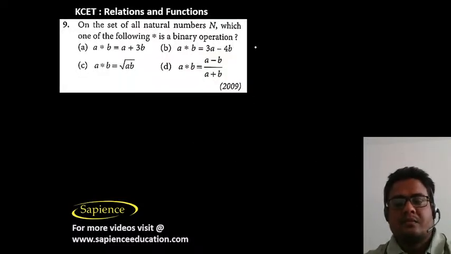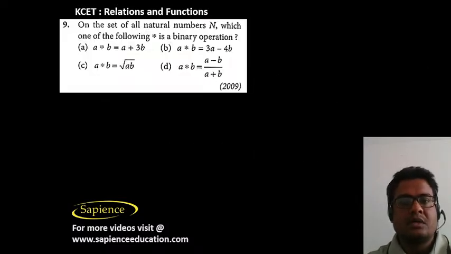Then question number 9. So here also, on the set of all natural numbers N, which of the following star is a binary operation?